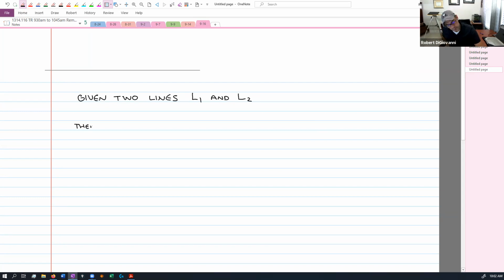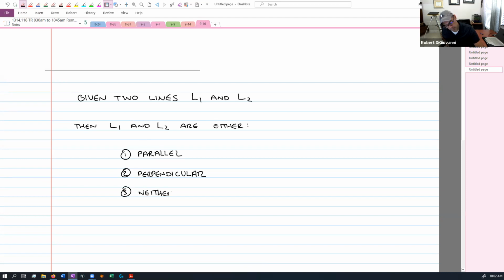Then L1 and L2 are either one, parallel, two, perpendicular, or three, neither. And if they're neither, we call that skew.